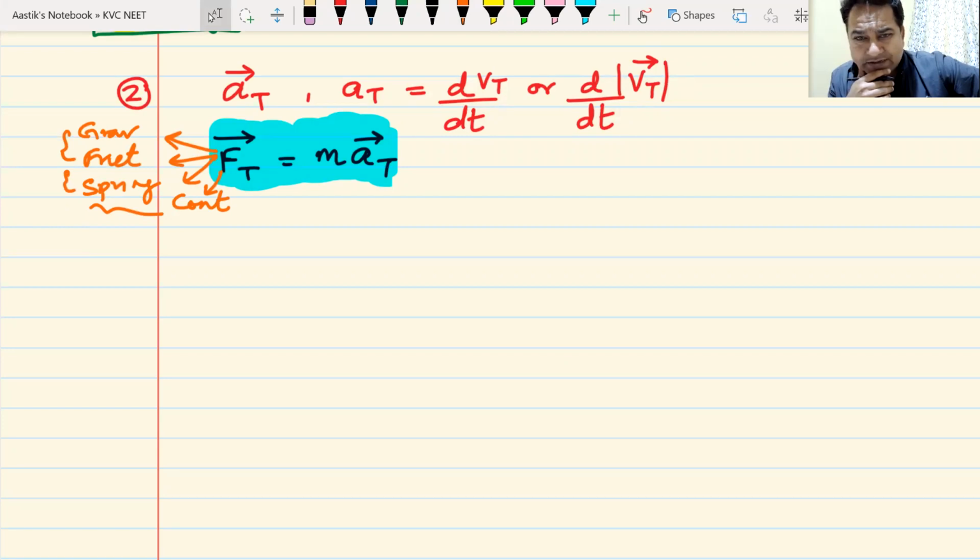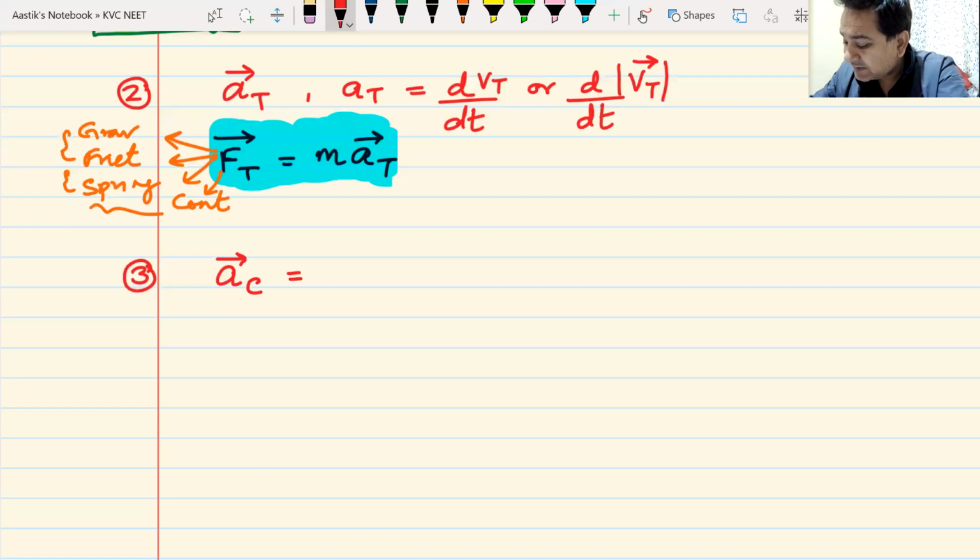Well, I hope everyone has noted this down. Now, if you have noted this down, then we must now come on to the third part. We've done acceleration. We have done tangential acceleration. The next part that remains is your centripetal acceleration, or normal acceleration, or radial acceleration.